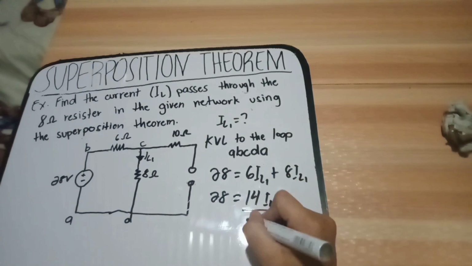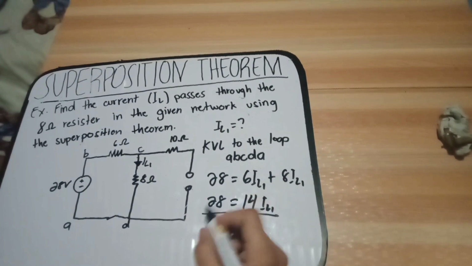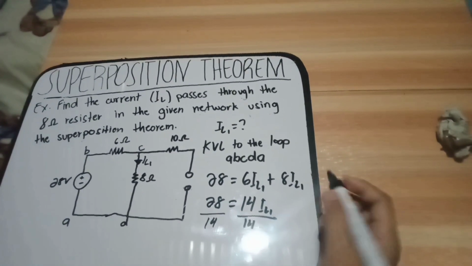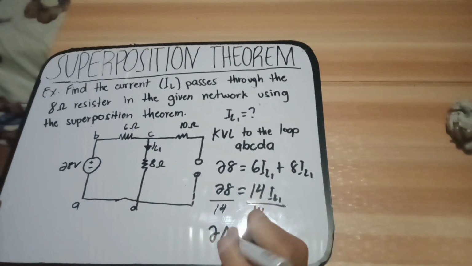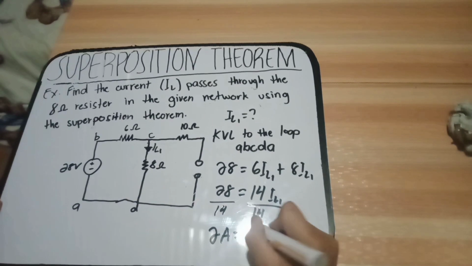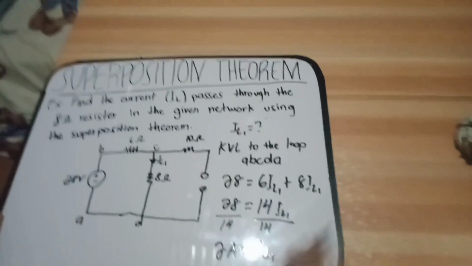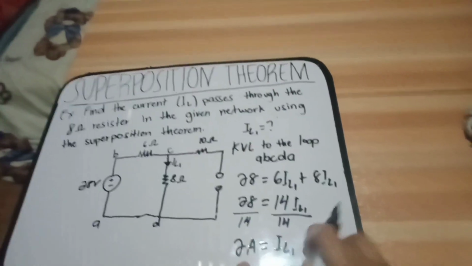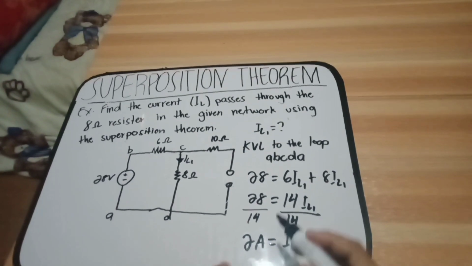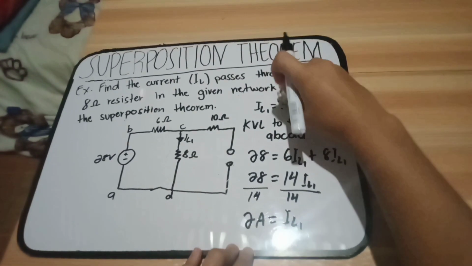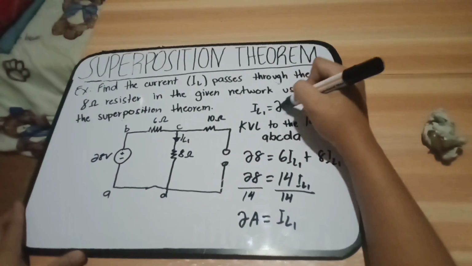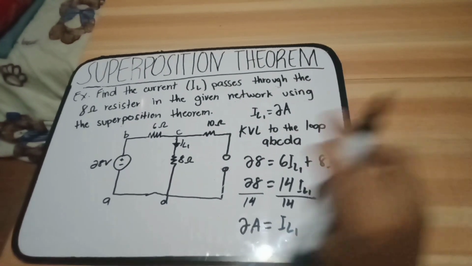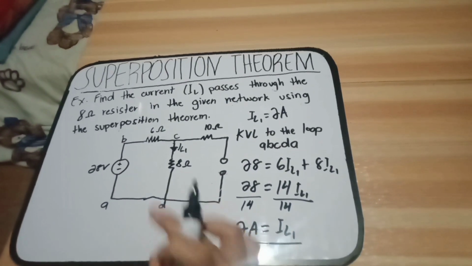So, divide na natin ng 14 para makuha na natin ang IL1. 28 divided by 14 is 2 ampere, equal to IL1. Kaya siya A kasi current ito. So, nakuha na natin ang IL1. Lalagyan na natin dito ang 2A.